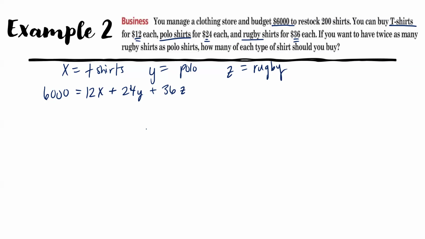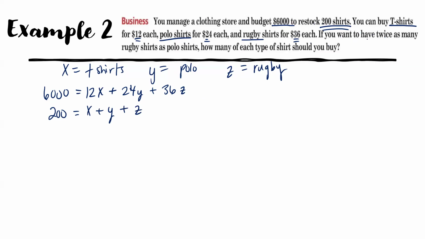Still with me? Okay. Next, I said that I want to restock 200 shirts. So I need a total of 200 shirts, which means that my t-shirts plus my polos plus my rugbies have to equal 200, correct? So that's X plus Y plus Z has to equal 200.